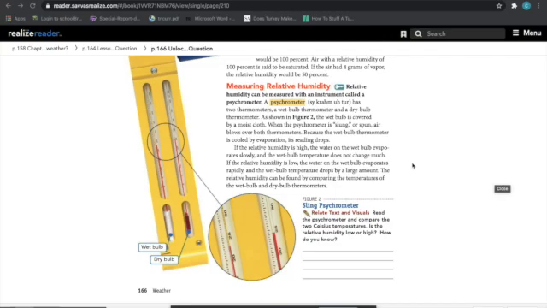If the relative humidity is high, the water in the wet bulb evaporates slowly. If there's more water in the air, the cloth is not going to become less moist. The wet bulb temperature does not change much. If the relative humidity is low, the water on the wet bulb evaporates rapidly, and the wet bulb temperature drops by a large amount. The relative humidity can be found by comparing the temperatures of the wet bulb and the dry bulb thermometers. And we'll do some more hands-on questions in class regarding relative humidity.